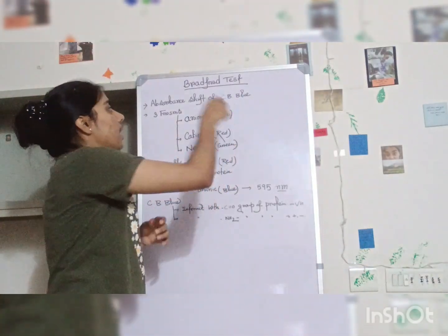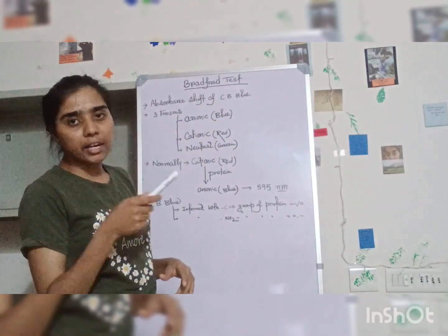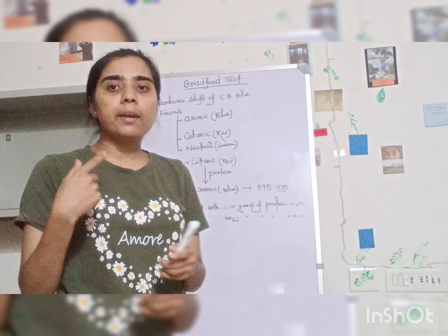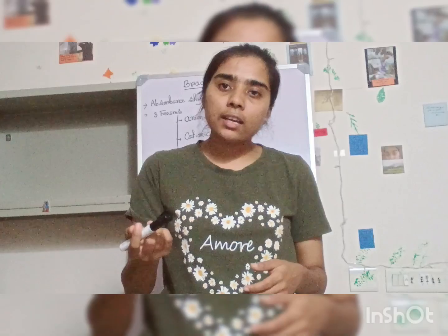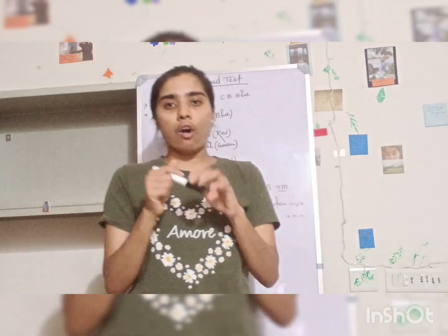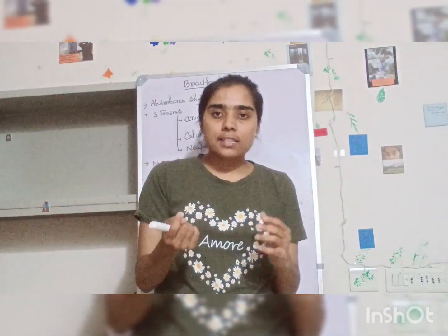We will check the absorbance shift of this chemical, Coomassie brilliant blue, in this assay. This Coomassie brilliant blue can exist in three different forms: one is cationic, one is anionic, and one is neutral. The cationic form is red in color, and the anionic is blue in color.